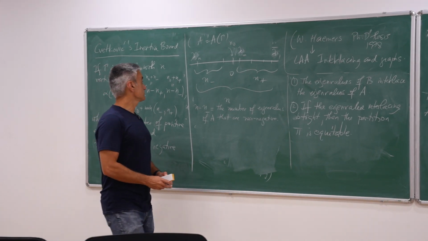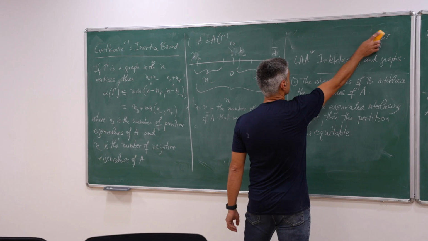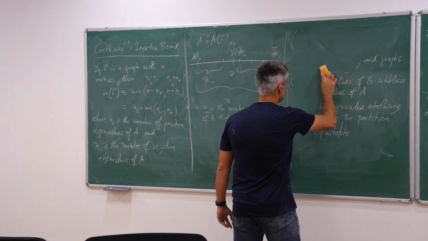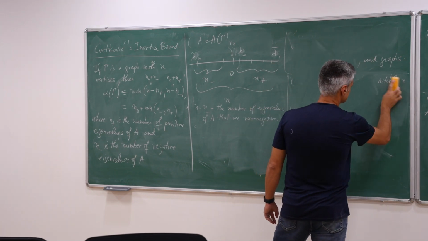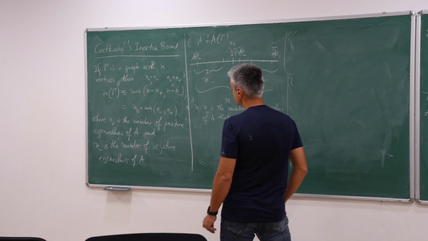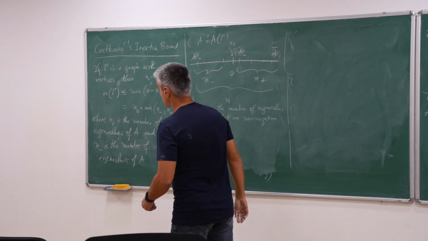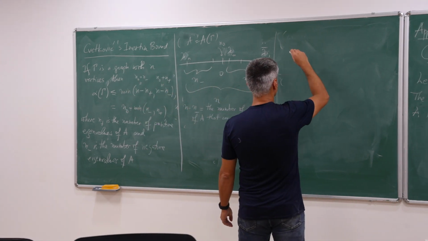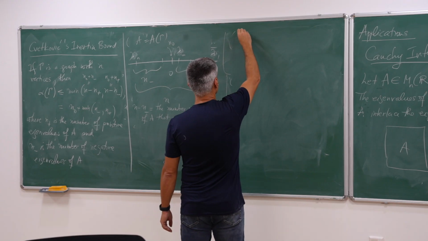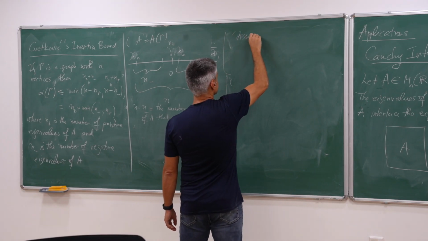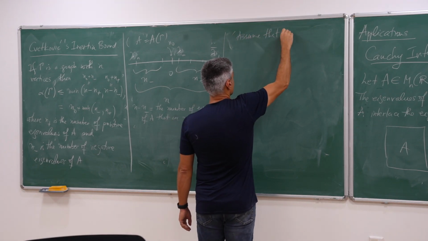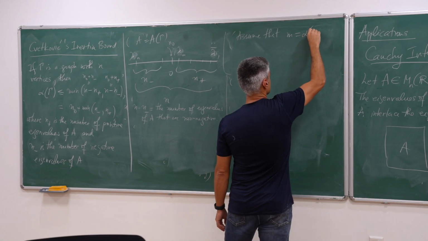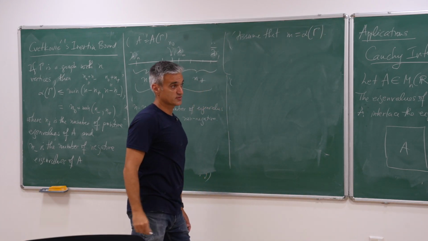Okay, so how did he prove this? The proof is very simple. Assume that M is the independence number. You have to denote it by something.